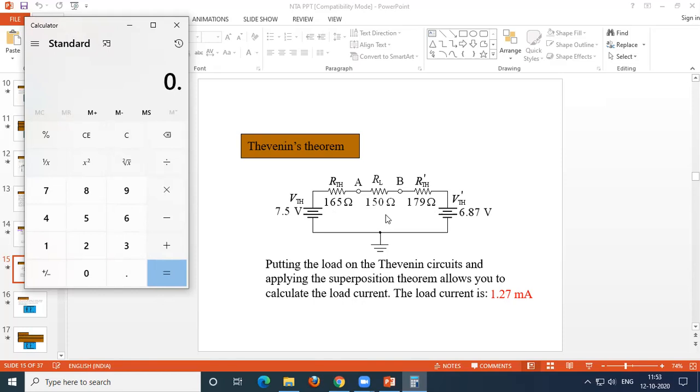So 0.63 divided by 494 is equal to 0.00127, which is in the milliampere form. So the current through the 150 ohm resistor is about 1.27 milliampere.